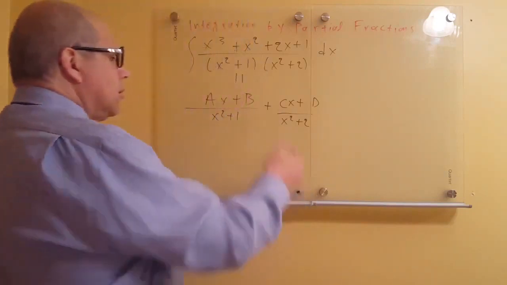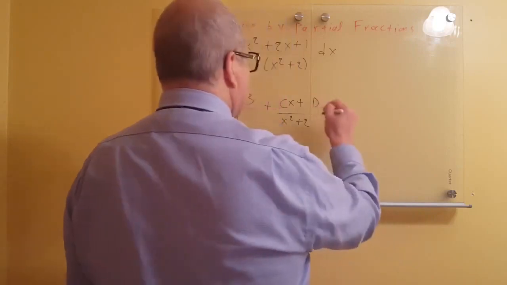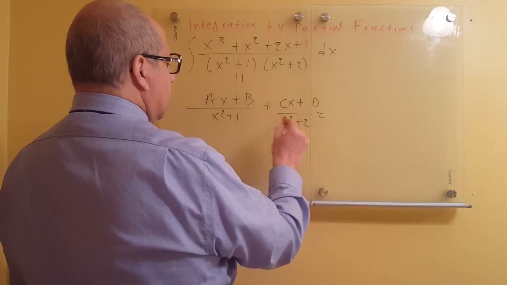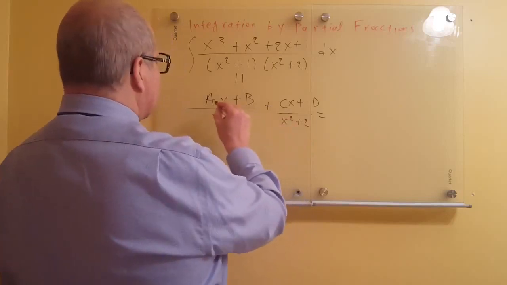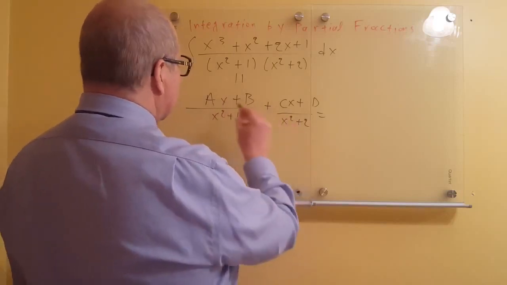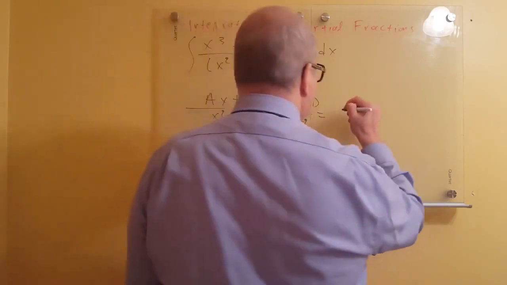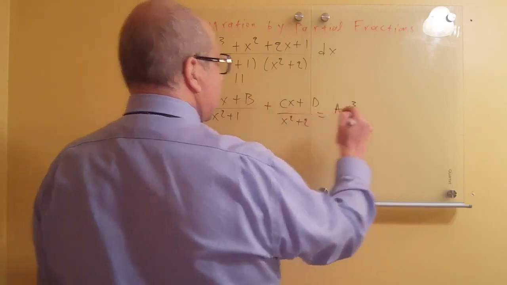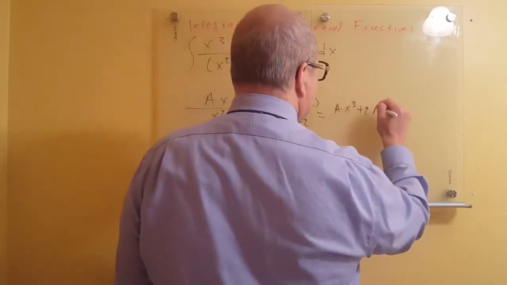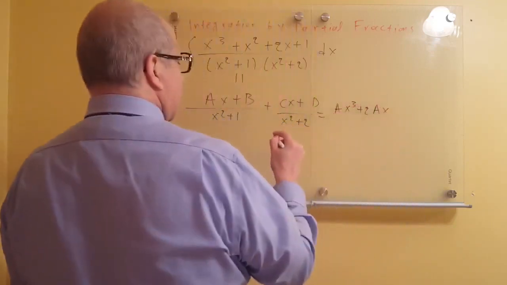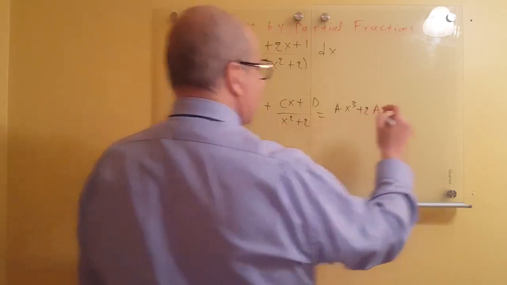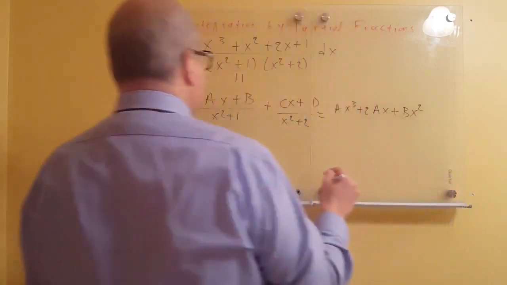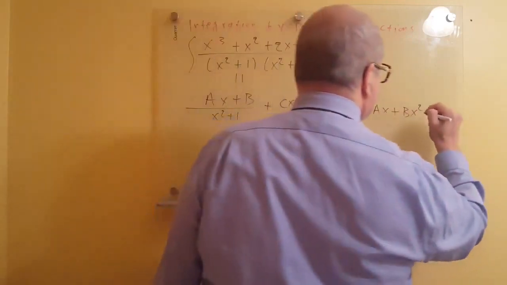Okay, so again, we have to put everything under the same denominator, so we multiply this with this. So we can do it directly, I believe. So we multiply all this with this. So ax times x squared should be ax to the third. Ax times 2 will be plus 2ax. Now, b times x squared is plus bx squared. And 2 times b is plus 2b.